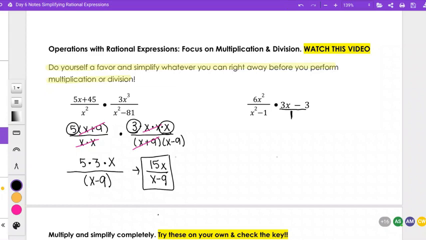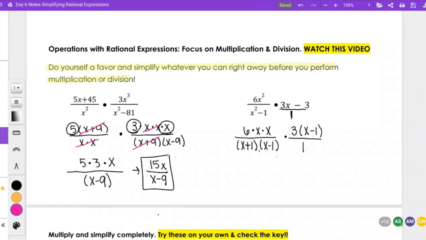So 6x squared can be broken up into 6 times x times x. X squared minus 1 is the difference of two perfect squares, x plus 1 times the quantity x minus 1. And 3x minus 3 can be broken up into 3 times the quantity x minus 1. They both have that GCF of 3. And then we can just leave everything over 1.